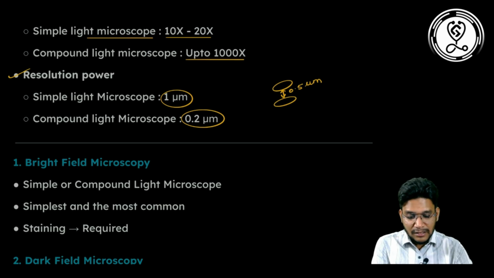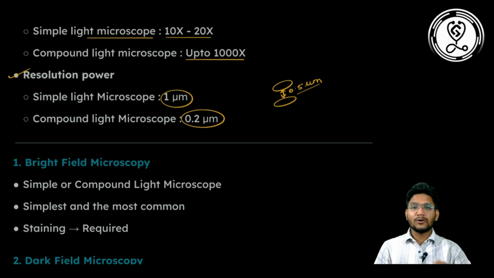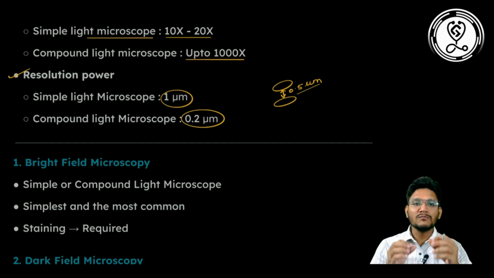And here the distance between these two organisms is 0.5 micrometer. So if we are using a simple light microscope, we cannot see them separately. These two will be visible as a single one under a simple light microscope. Okay. So we need to use a compound light microscope to see these two bacteria separately, because a compound light microscope has a resolution power of 0.2 micrometer, right?